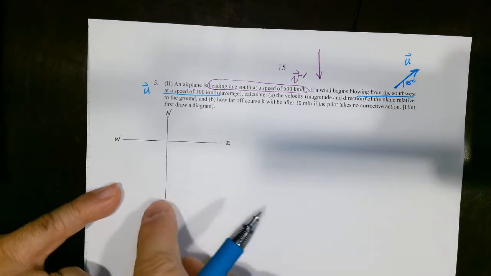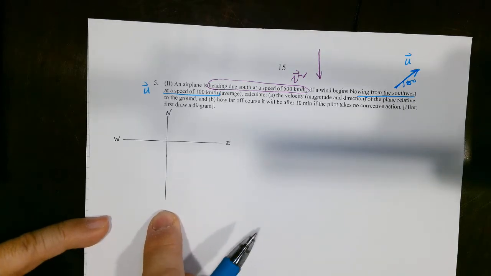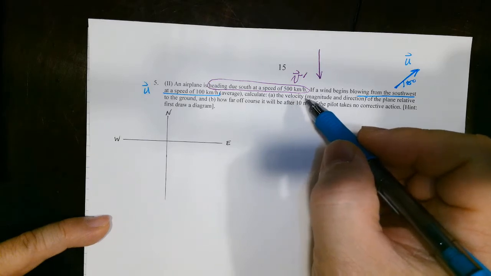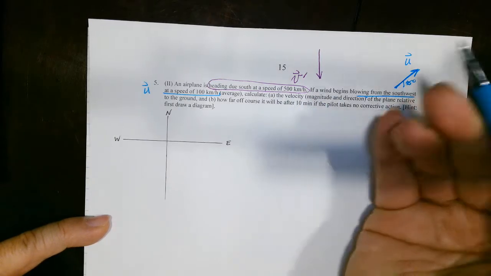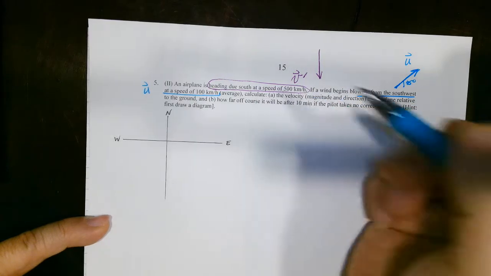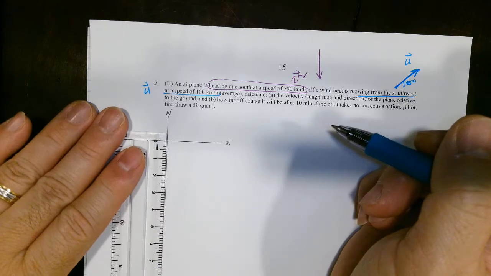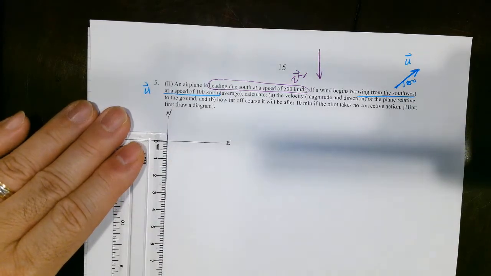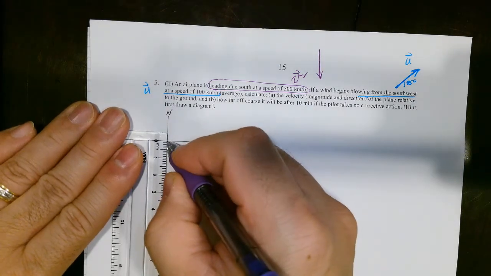Okay, I will draw this thing a little bit bigger here so you guys can see it better. So if you want to, you could scale this out so that you can make 100 kilometers per hour, I guess you could make it as like 1 centimeter is equal to 100 kilometers per hour.